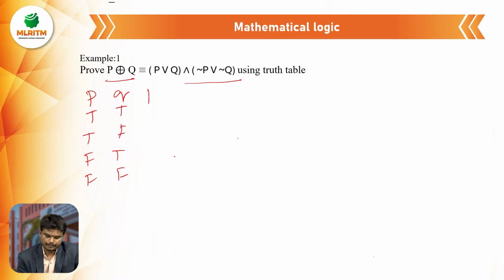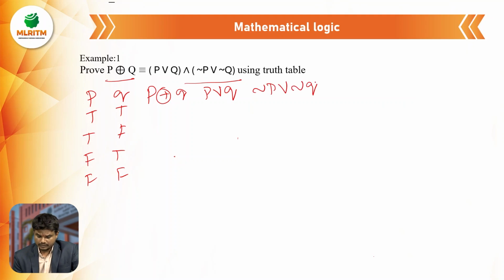Then P exclusive or Q. Then P or Q. Then negation P or negation Q. Then P or Q and negation P or negation Q.